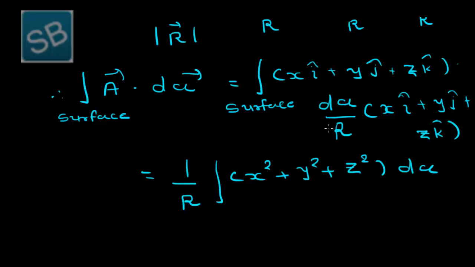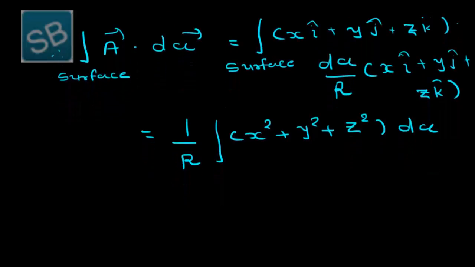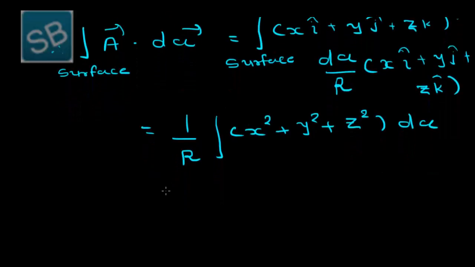Now this value comes from the dot product, which we are already familiar with from semester 1. So i dot i becomes 1, j dot j becomes 1 and k dot k becomes 1. But i dot j is 0, i dot k is 0. I have written it directly, but the concept should be clear in your mind.